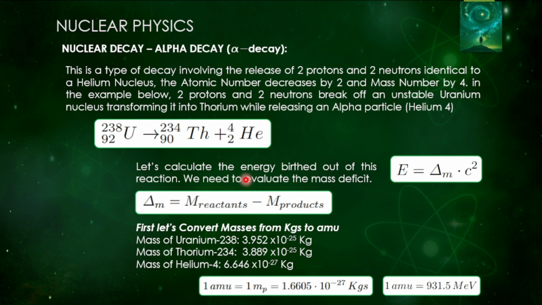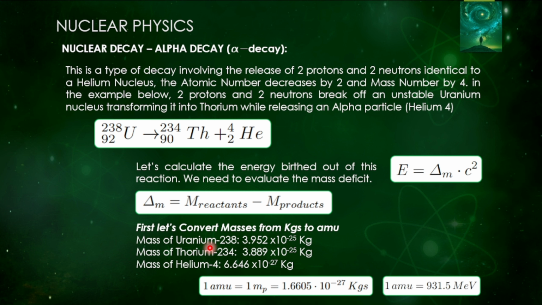Now let's calculate the energy burst out of this reaction. So we need to evaluate the mass deficit, where E = Δm c², Δm being the mass deficit or the difference of masses between the reactants and that of the products.